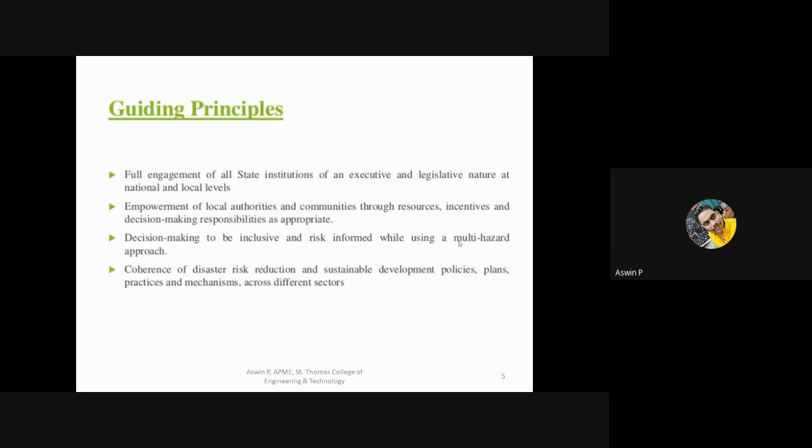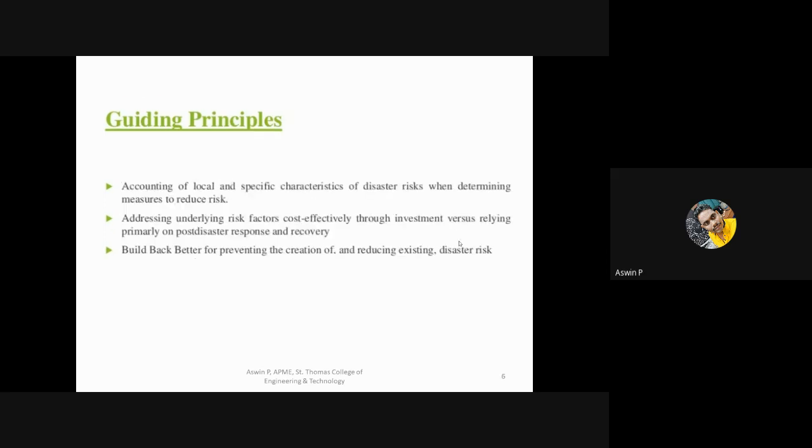And now comes the ninth point, that is accounting of local and specific characteristics of disaster risk when determining measures to reduce risk. That is, according to local and specific characteristics of disaster risk, we need to determine the measures.